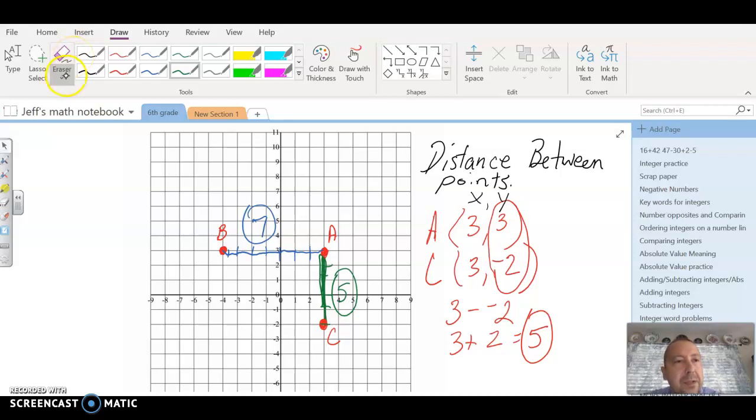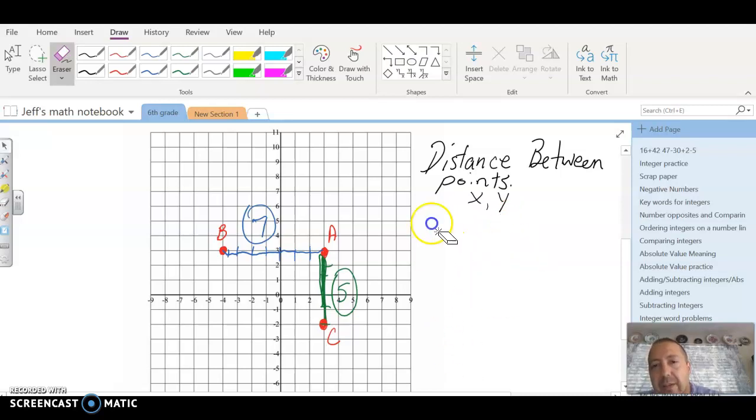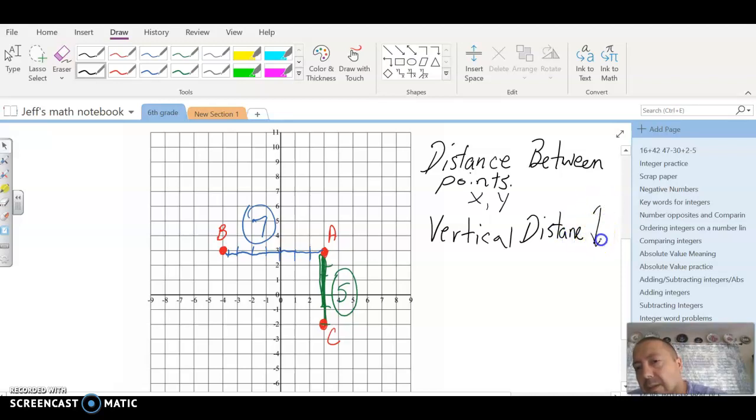So let's go back to our distance between points and say that if it's a vertical distance, meaning up and down from each other, then we subtract the y coordinates.